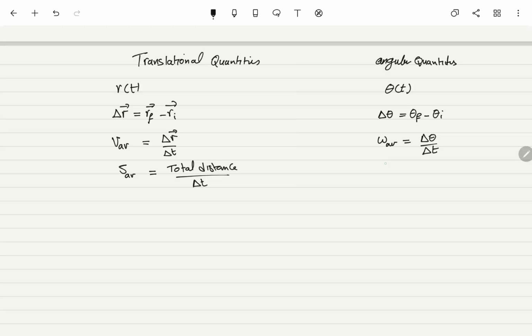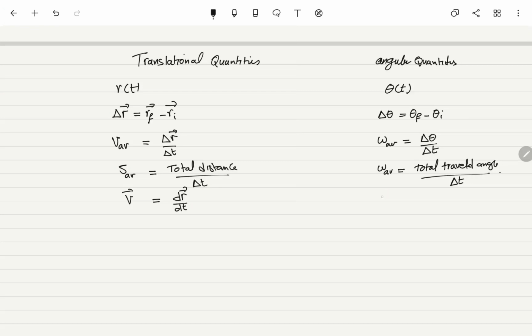In angular quantities, it's defined as omega average equal to total traveled angle over delta t.